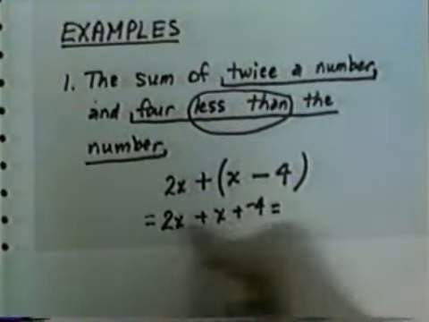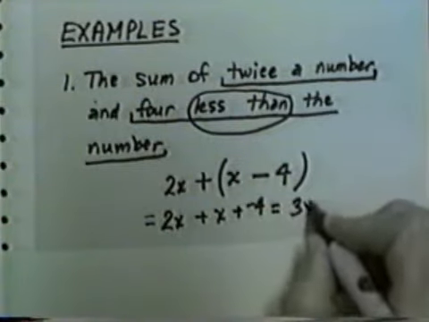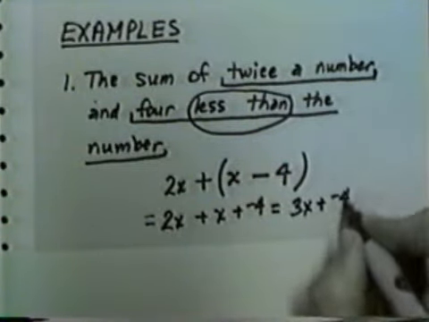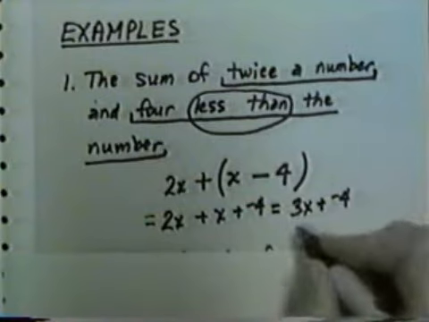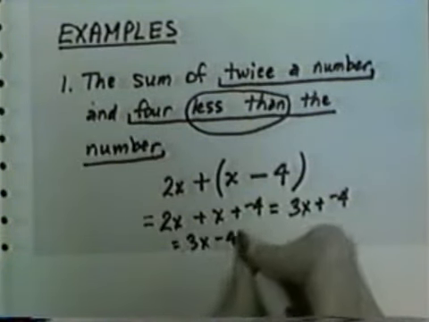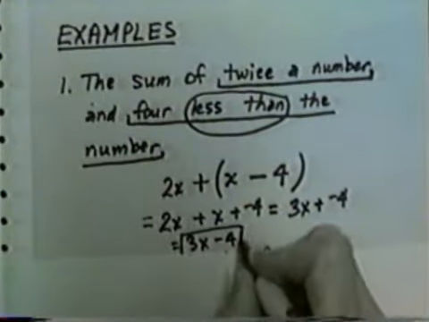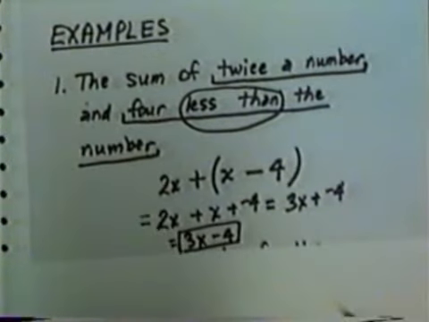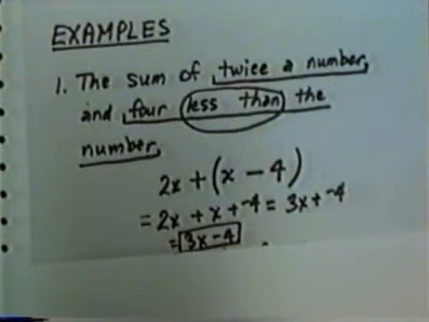And that gives us 2x plus x is 3x, 3x plus negative 4, or simply 3x subtract 4. So our final result is 3x subtract 4.